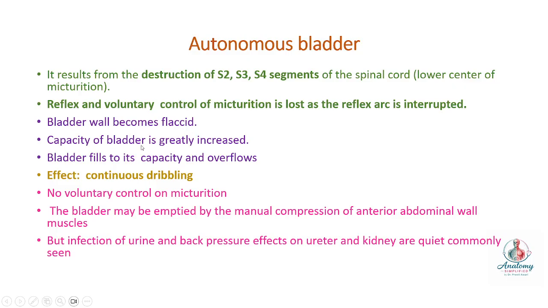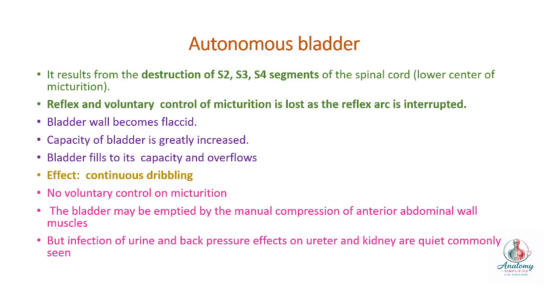The capacity of the bladder is greatly increased. The bladder fills to its capacity and overflows, and there will be continuous dribbling micturition. Continuously, the urine is dribbling out. This is not overflow incontinence. That is different. That is, after the bladder overflows, there will be micturition.